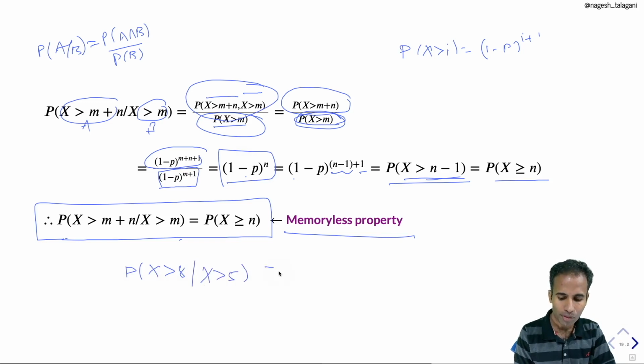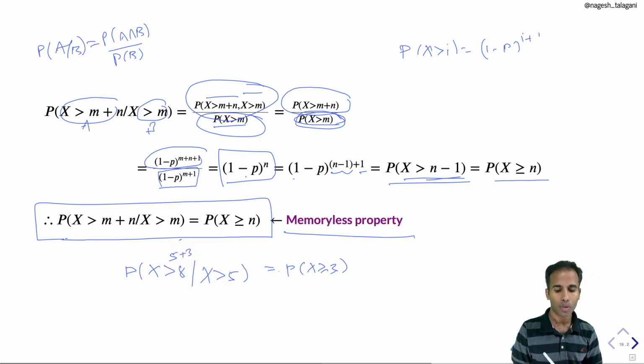It's going to be the same as probability of X bigger than or equal to 3, because this 8 we can see as 5 plus 3. Here the information that you have not seen head in the first 5 trials is forgotten in this calculation. That's why it is called the memoryless property. Intuitively also it should make sense.